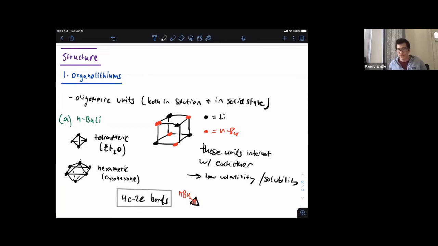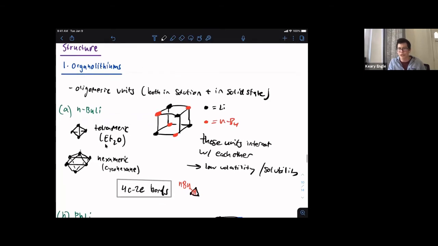And the aggregation state of n-butyllithium is dependent on solvent medium, and that's, I think, a common theme throughout this section. So if we consider the structure in diethyl ether, it is tetrameric. There are different ways that can be represented. I've shown one representation here where each lithium atom is represented in black as the vertex of a tetrahedron, and then each face is an n-butyl group.